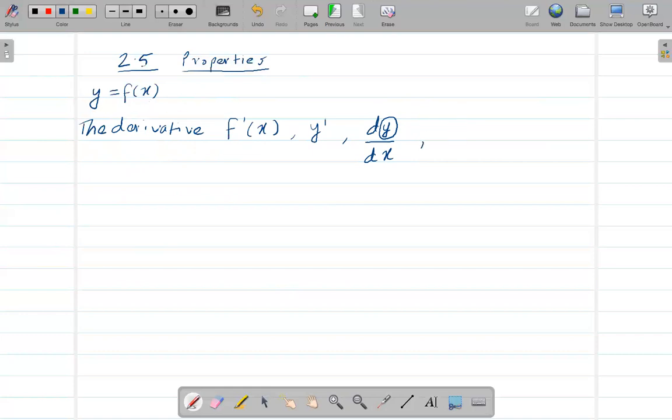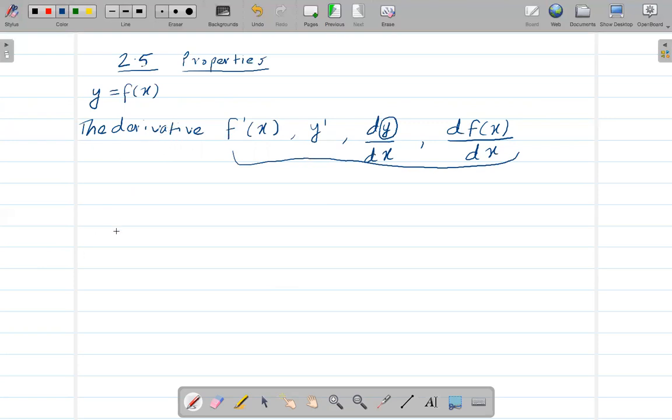Or I can also say d of f of x, because since I said y is equal to f of x, instead of writing y, I can write d of f of x over d of x. All right, so these are the different ways you can write the derivative. All of these mean the derivative.